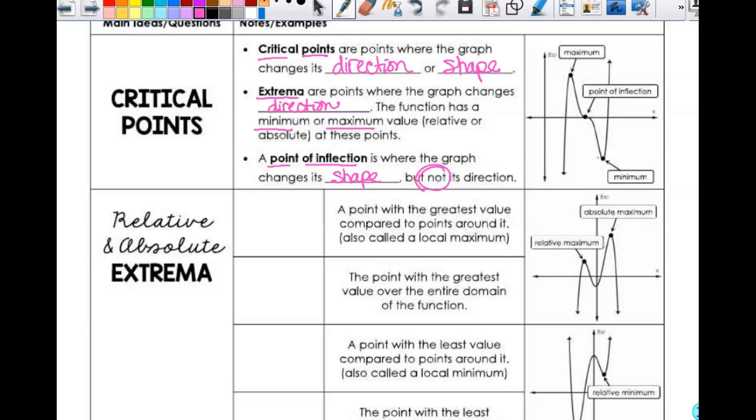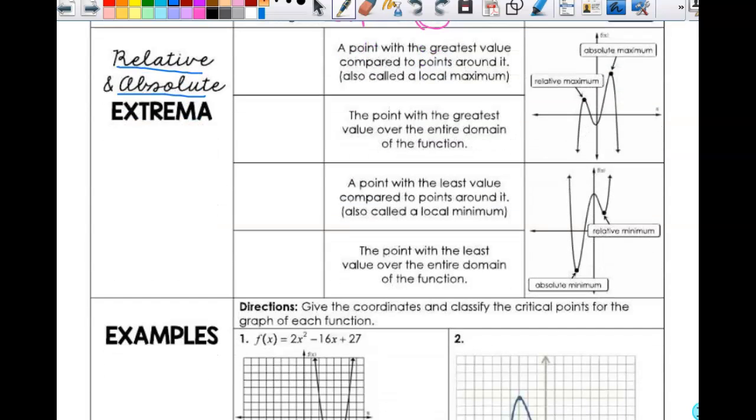So we're going to talk about the different kinds of maximums and minimums, our relative and absolute extrema. So a point with the greatest value compared to points around it. That's the important part. It's not the greatest value overall, it's the greatest value compared to the points around it.